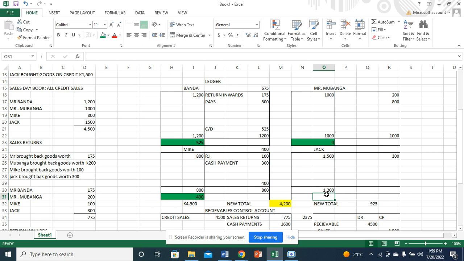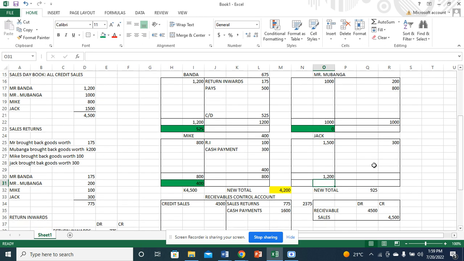Oh, did I add Jack? I never added Jack. Jack's total here is still 1,200. I forgot to add Jack's total. Jack never paid us anything, so he's still owing us 1,200.